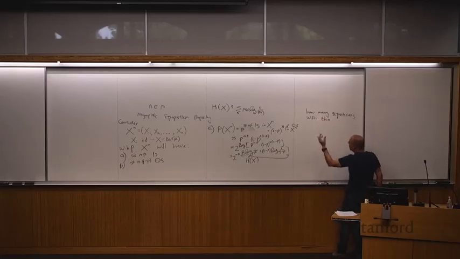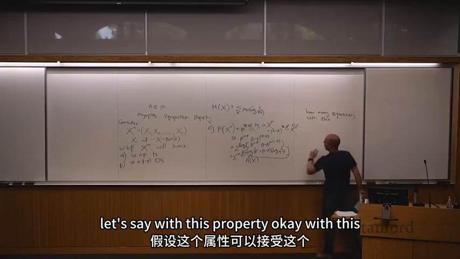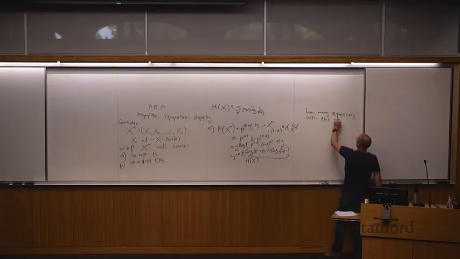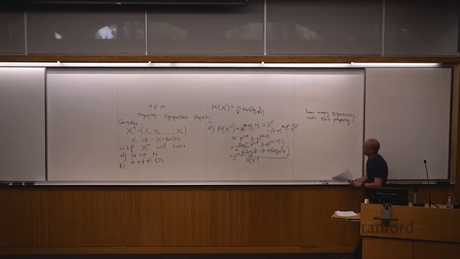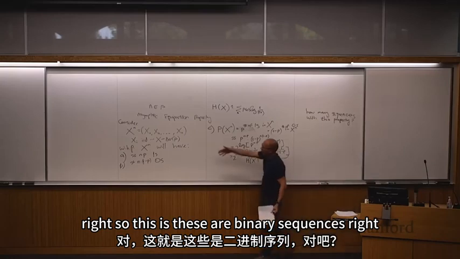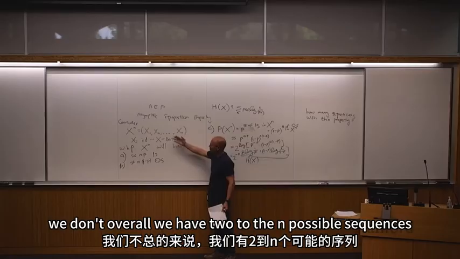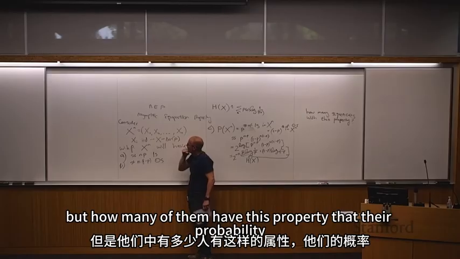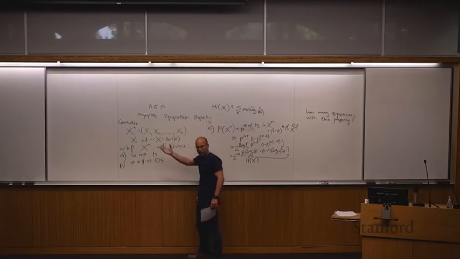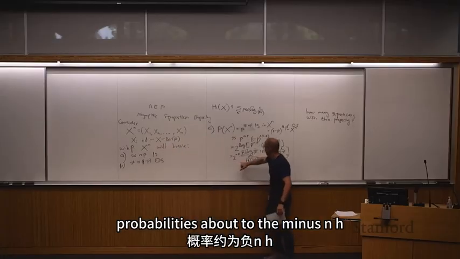These are binary sequences. Overall we have 2 to the n possible sequences, but how many of them have this property that their probability is about 2 to the minus n h?